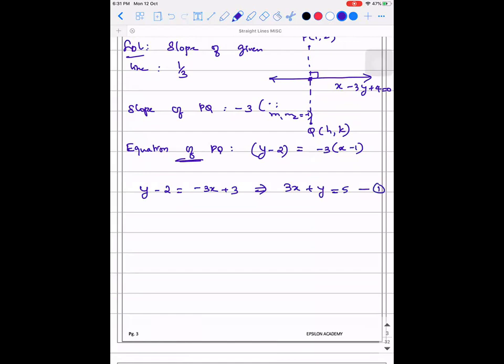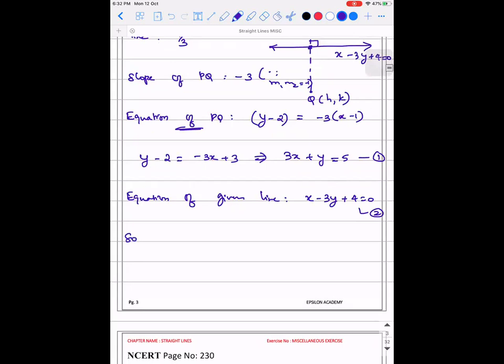Accepted? So 3x plus y is equal to 5 is the equation of PQ, let this be 1. What is the equation of the given line? x minus 3y plus 4 is equal to 0. Let this be 2.